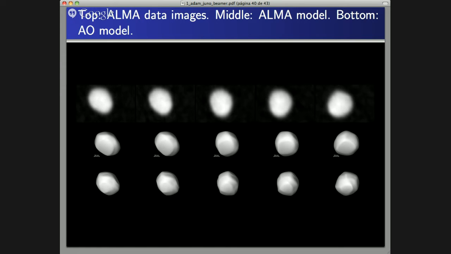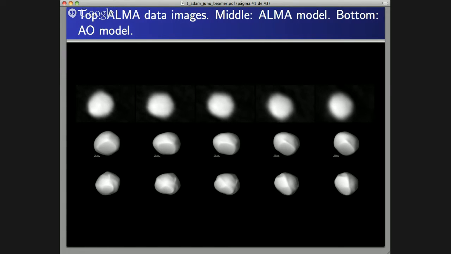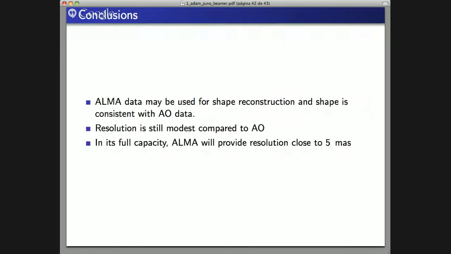So, the conclusions: we see that we can use ALMA data for shape reconstruction. And of course, the resolution is still not very good, but it seems that at its full capacity, we will get to 5 milliarcseconds, and that will be very good.